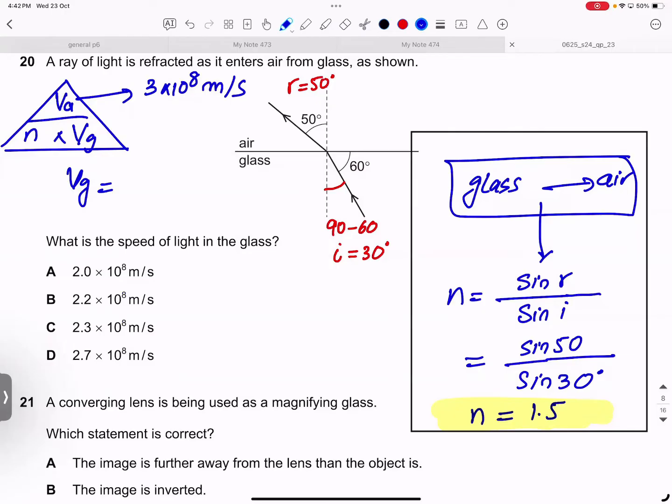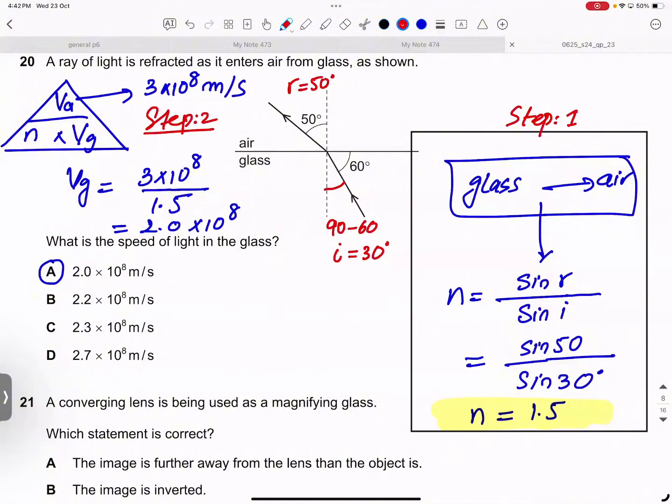So V in glass will be 3 into 10 power 8 over n, which is 1.5. You substitute, and the answer comes 2.0 into 10 power 8. The option is A. So in this question you had 2 steps. Step 1 was to calculate the refractive index. Step 2 was to find the speed.